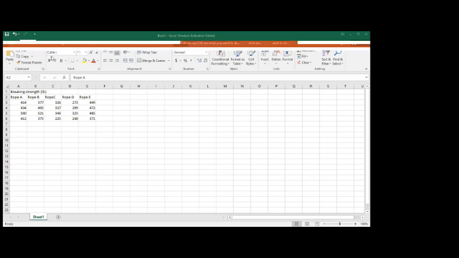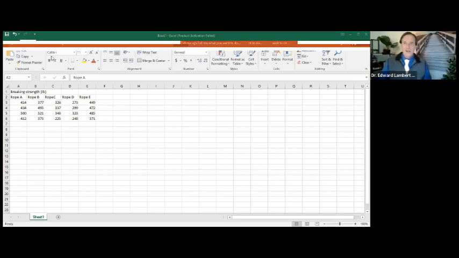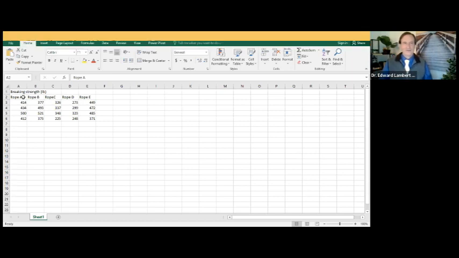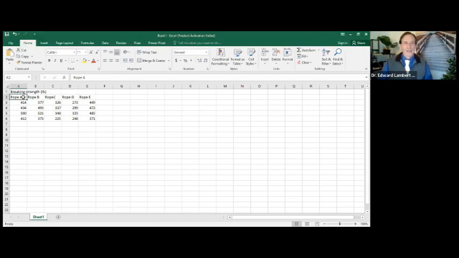Can you hear me? Yes, now we can hear you. In this example, we have 5 different rows, A through E. Within each group, you have 4 participants, and each participant gives a result.